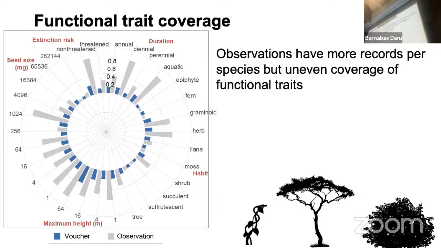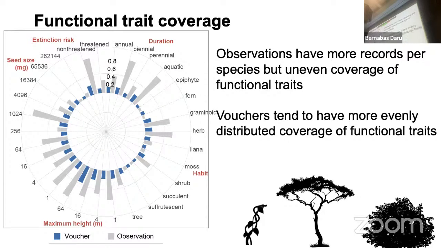We found that observations have more records per species but uneven coverage of functional traits. On the other hand, voucher records tend to have a more evenly distributed coverage of intrinsic life history traits, despite having few records per species; the evenness is much better covered as opposed to observation records.